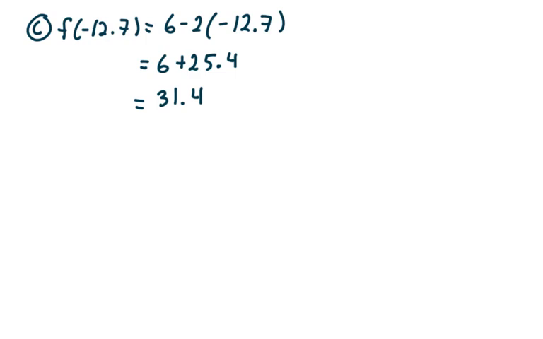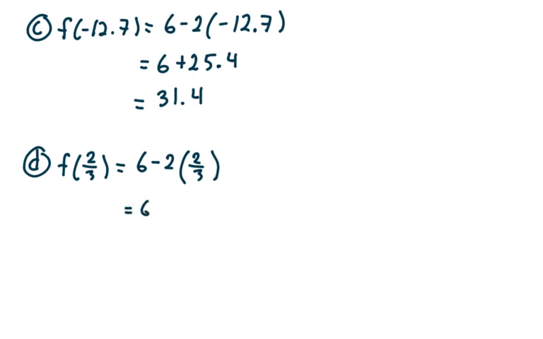And then lastly, on D, suppose I had f evaluated at 2/3. Wherever I see an x, I'm going to replace it with 2/3. And so this is 6 over 1 minus 4/3. But isn't the LCD, the lowest common denominator, 3?